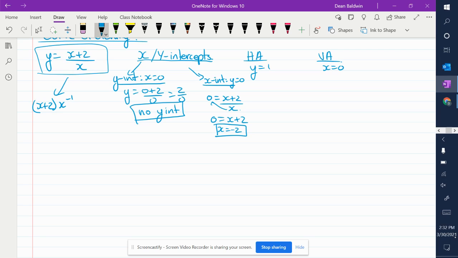You could rewrite it like x over x plus 2 over x. What's x over x? And the 2 over x will become 2 times x to the -1.